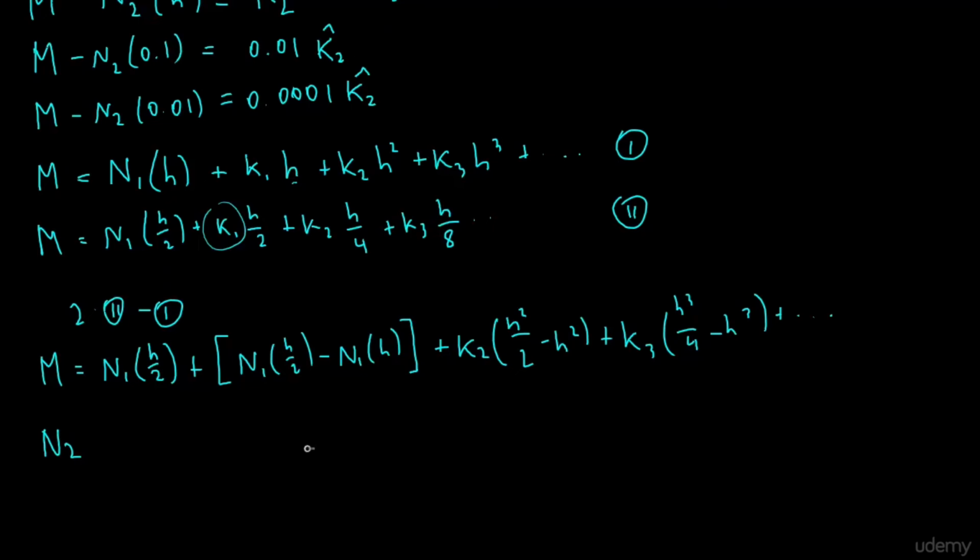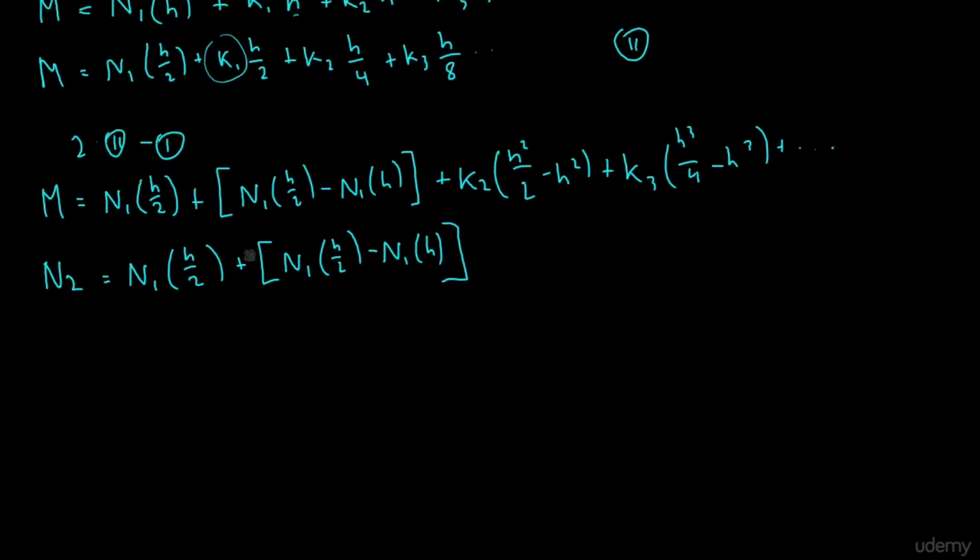We define N2 of h as N1 of h over 2 plus the bracket N1 of h over 2 minus N1 of h. That's essentially this first part, and we throw away the higher order terms here. So the higher order equation for m is an O of h squared approximation.